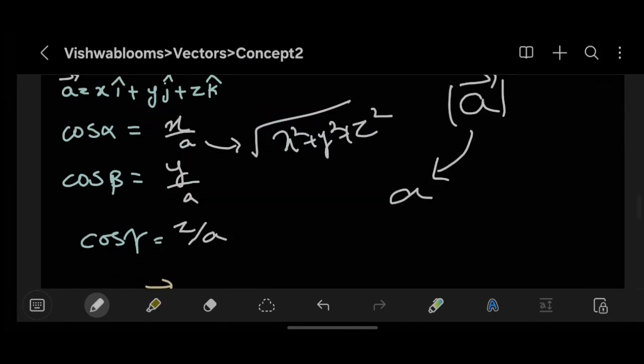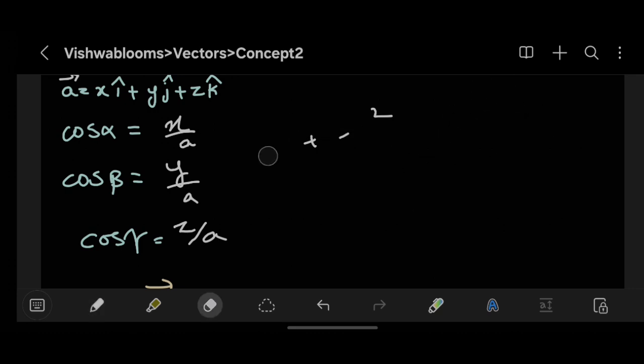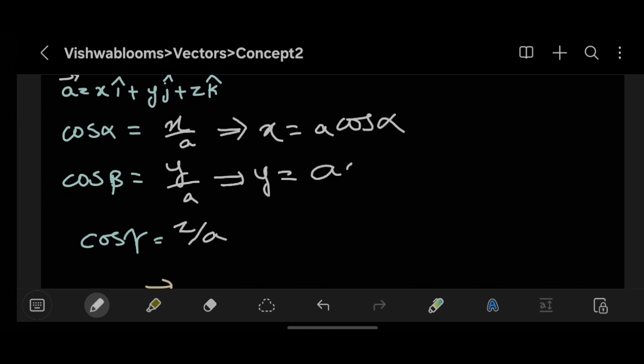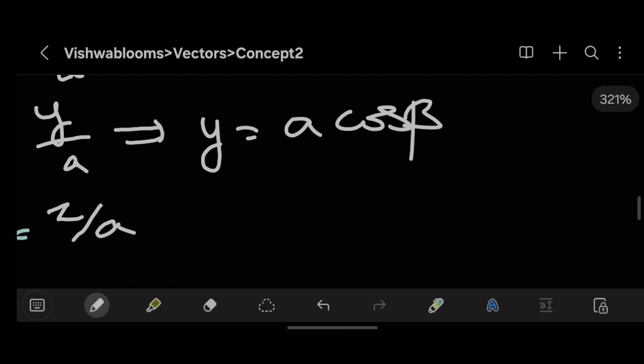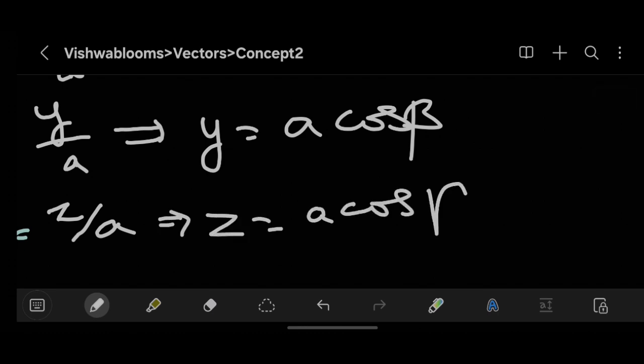If you write it as a vector modulus, that is magnitude, or a, both mean the same. This point should be clear by now. Now how can you write x? X is equal to a cos alpha, y is equal to a cos beta, and z is equal to a cos gamma.